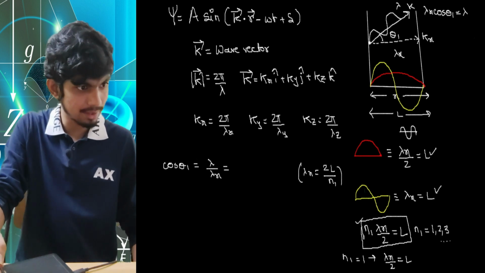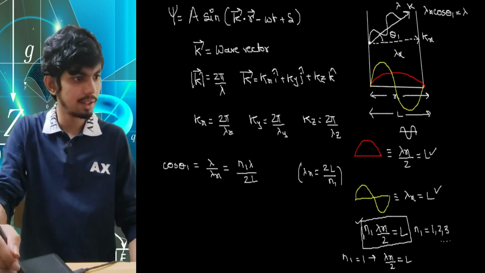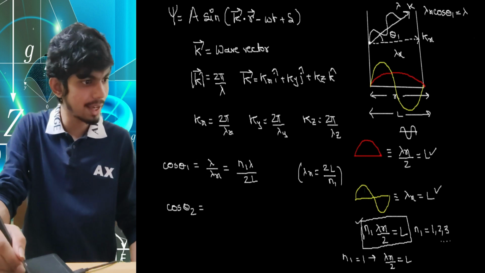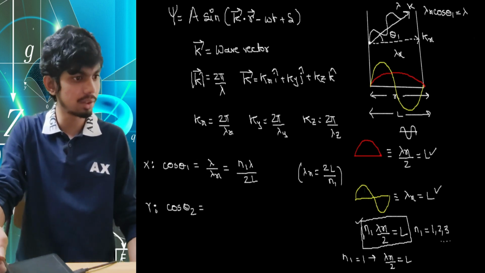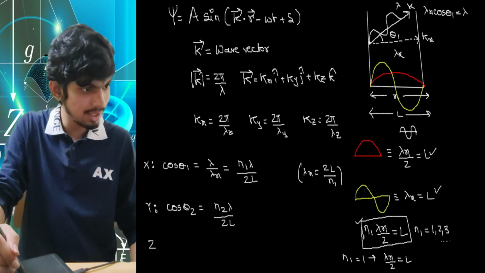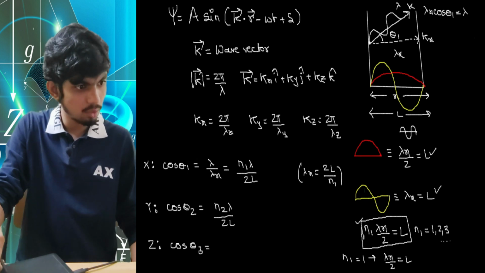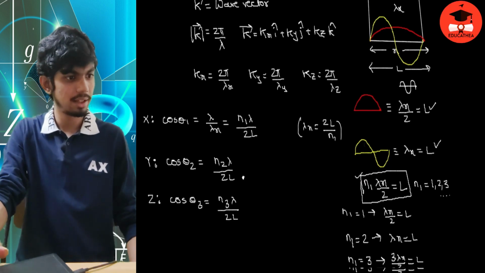So cos theta 1 is n1 lambda divided by twice of L. Similarly, I will get a cos theta 2 for the y-axis, which will be nothing but n2 lambda by twice of L, and for the z-axis, I'll get a cos theta 3, which will be nothing but n3 lambda divided by twice of L, right?